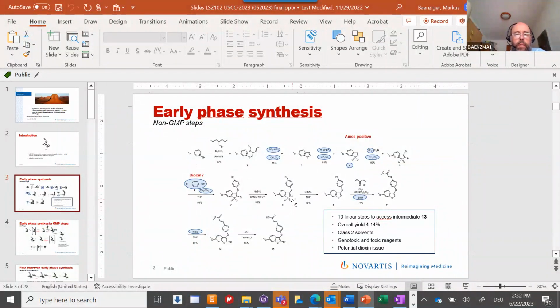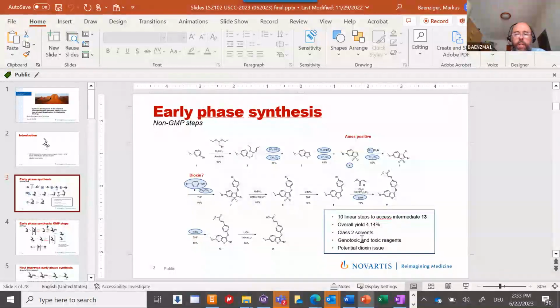The bromo was reduced with sodium borohydride, and the sulfone was reduced by diol, and then we had a Heck coupling, palladium catalyzed, NBS bromination again, and then the ester hydrolysis. There were several column chromatographic steps involved.